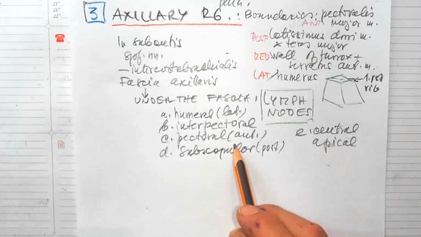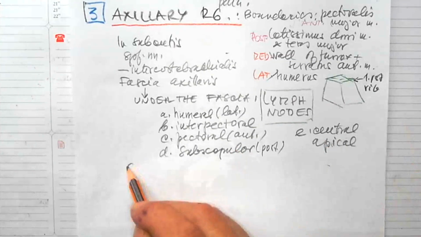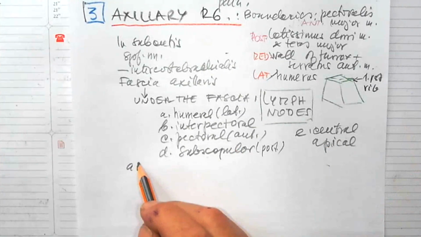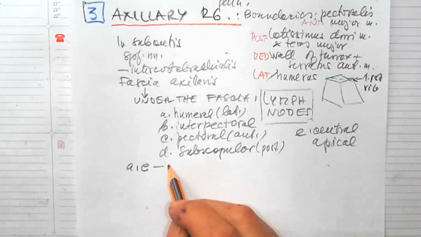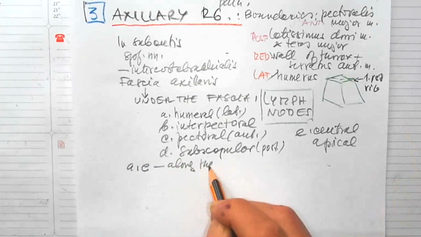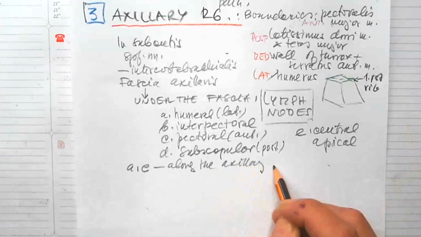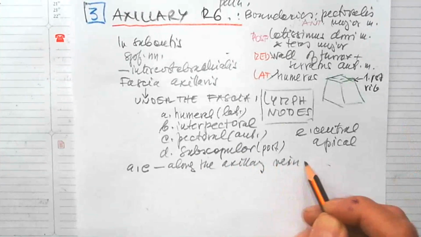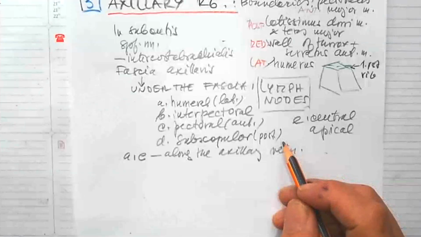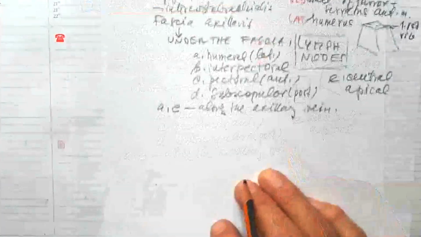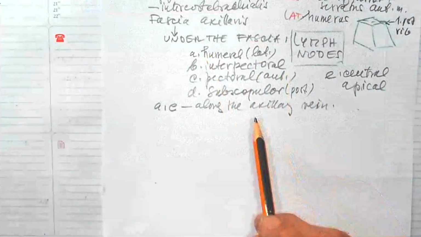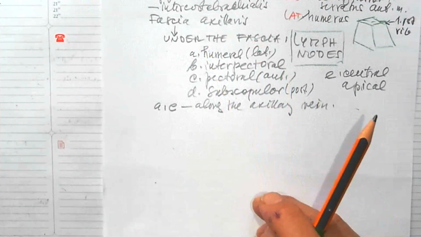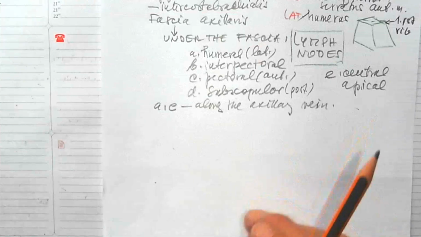The lymph nodes group, we would say A and E, they run along the axillary vein. Concerning the clinical importance of the group of all the lymph nodes, they are important for surgical removal.